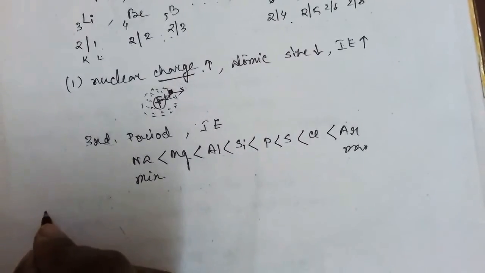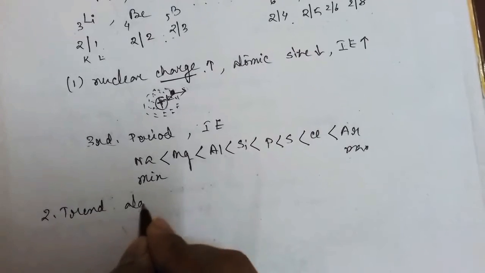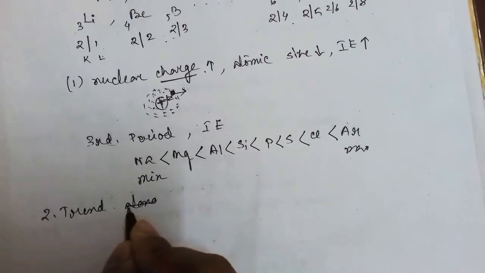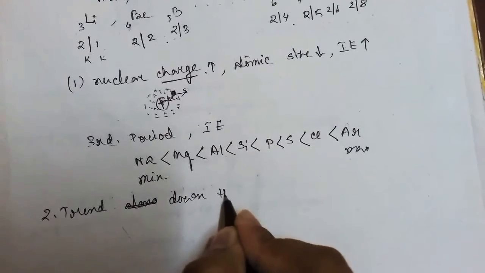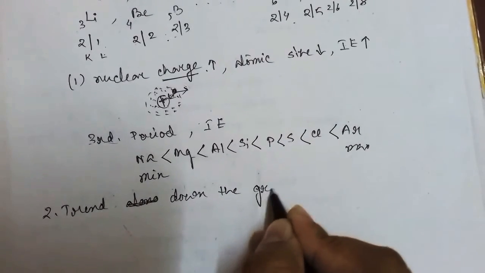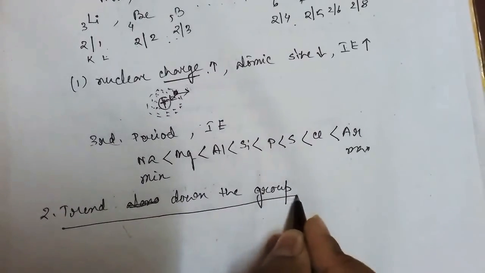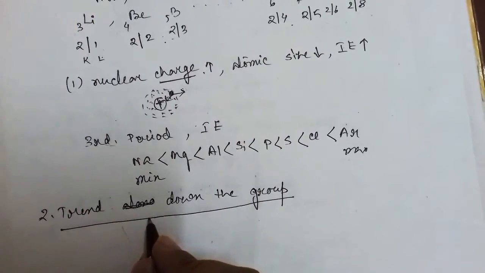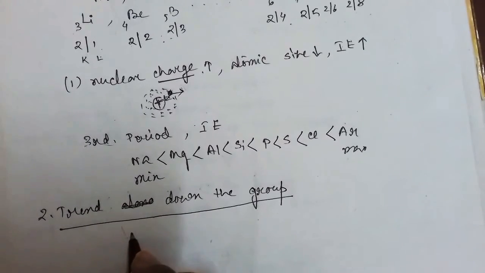Next, the trend down the group. So how would the trend down the group be? There were two factors, right?